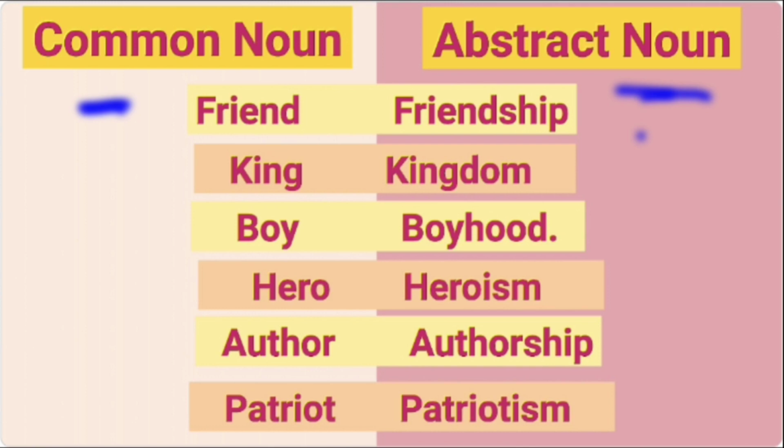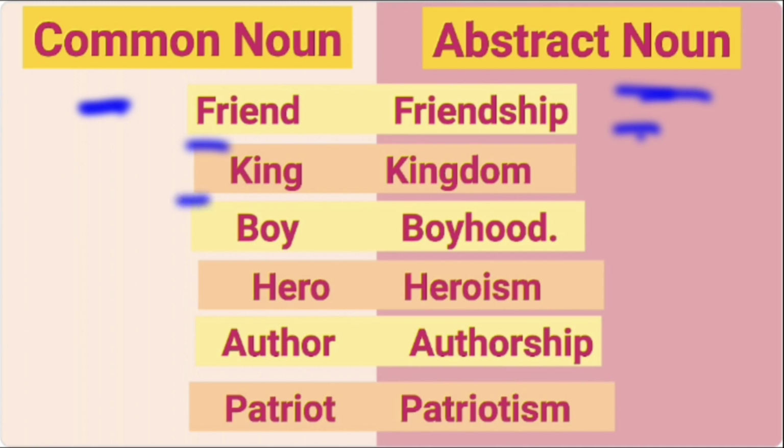The first one is friend. Friend is a common noun, and we make friendship. Friendship is an abstract noun because we can only feel the true friendship, the friendship in our heart, but we cannot touch it as a material noun or a concrete noun or a countable noun. Second is king.